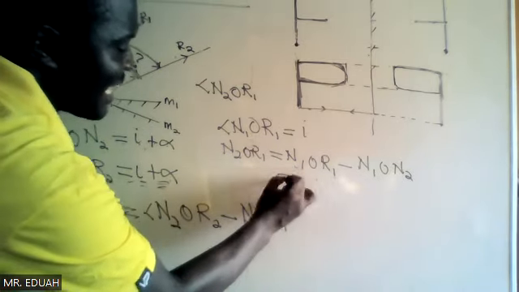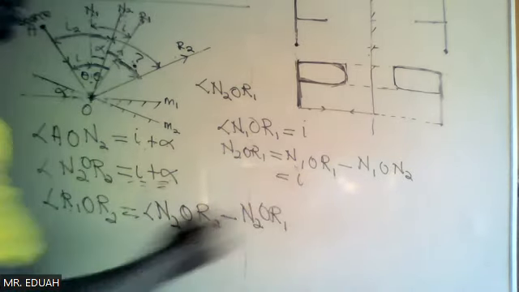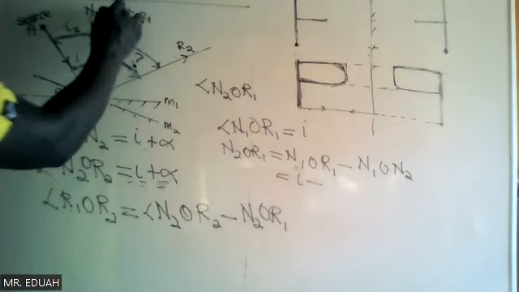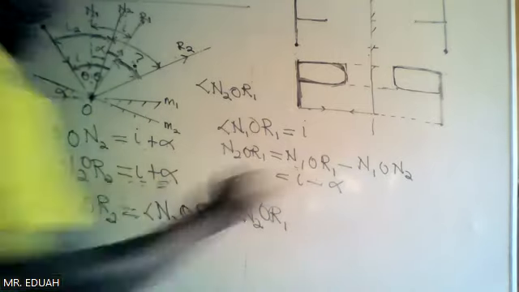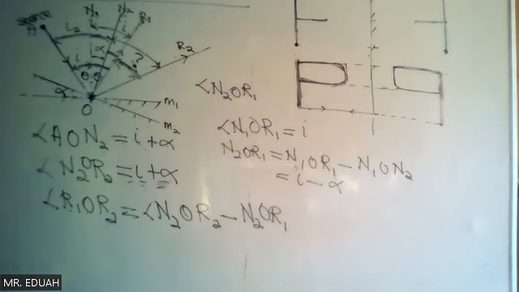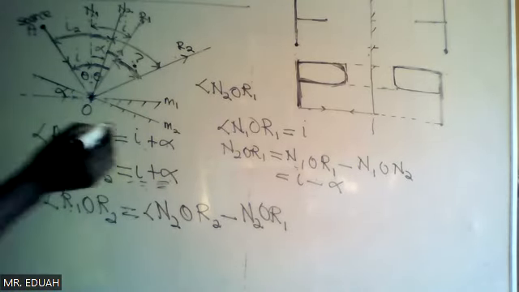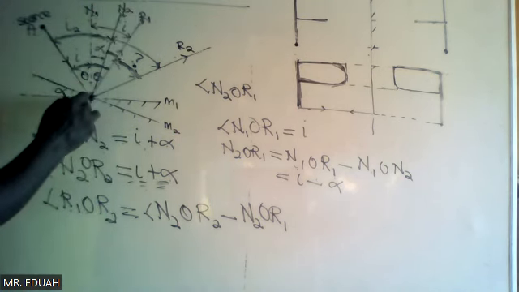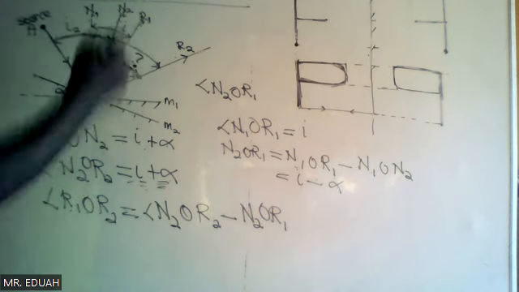N1OR1 is I, minus N1ON2, which is alpha. And so we found the angle N2OR1, which we are looking for.